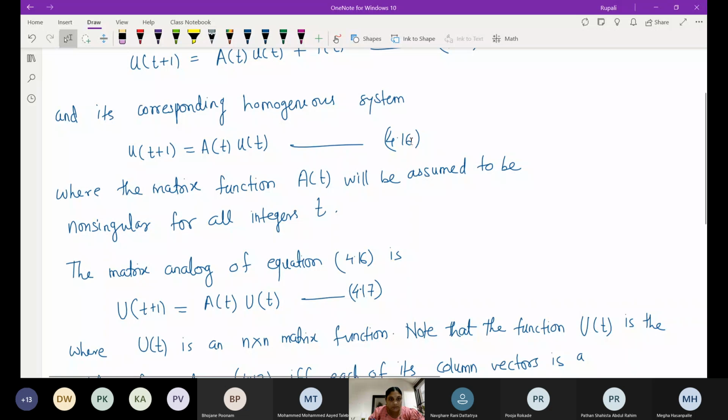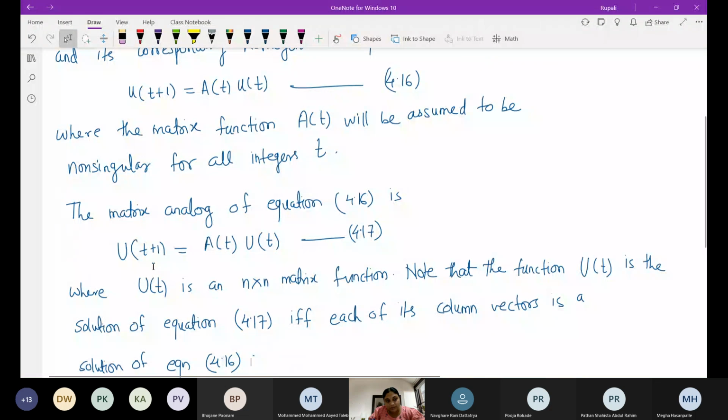That is, if and only if, means if a column vector is a solution of 4.16, then that matrix U of t, whose column is that vector, is also a solution of this matrix analog U of t plus 1 equal to A of t U of t, which we denoted by 4.17.